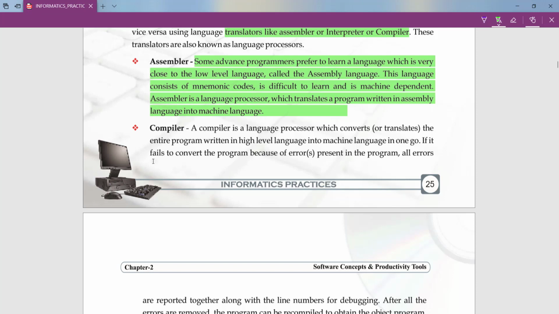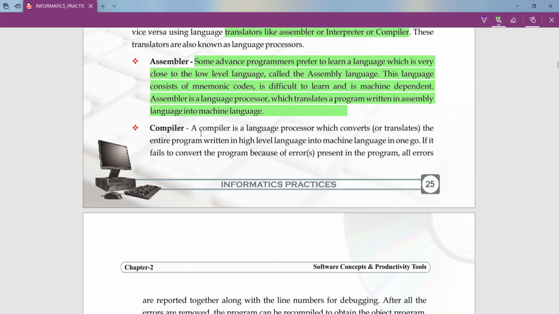The compiler converts the high level language program into machine language in one go. First you write all the code, and when you compile it, the compiler translates the whole program into machine language. If there is some error, it reports all the errors with line numbers.